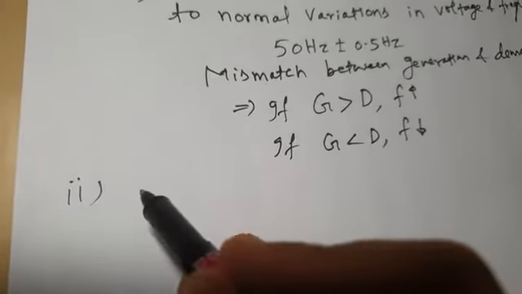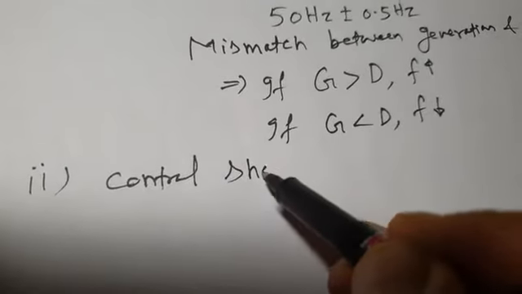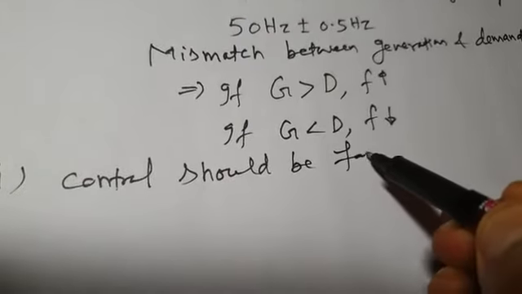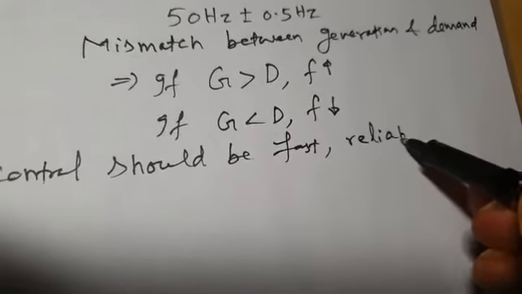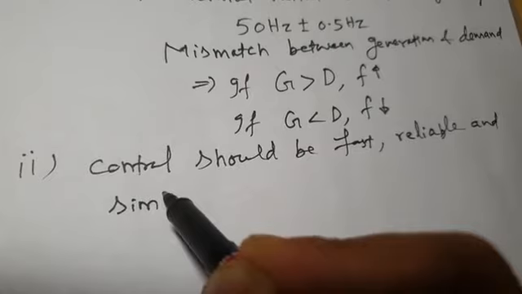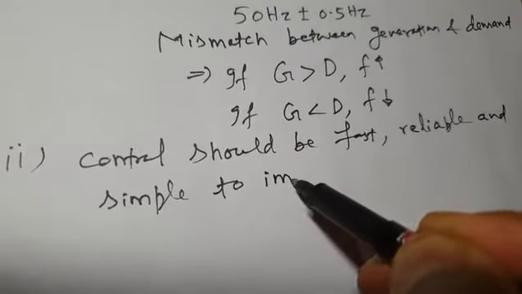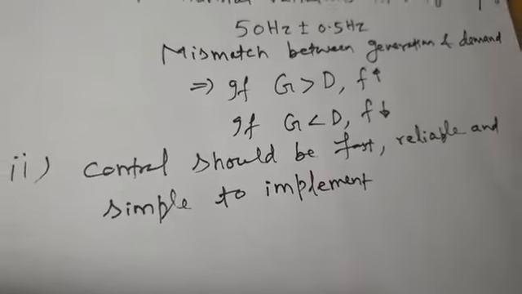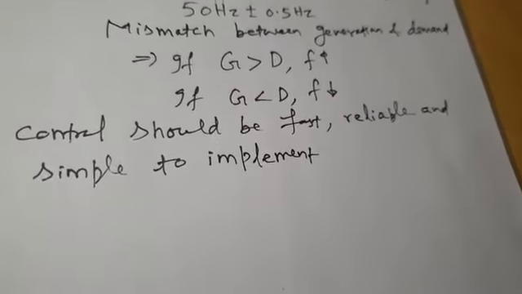Second, your control should be fast, reliable, and simple to implement. It should be very fast. Now, your controller comprises two parts in your HVDC system.